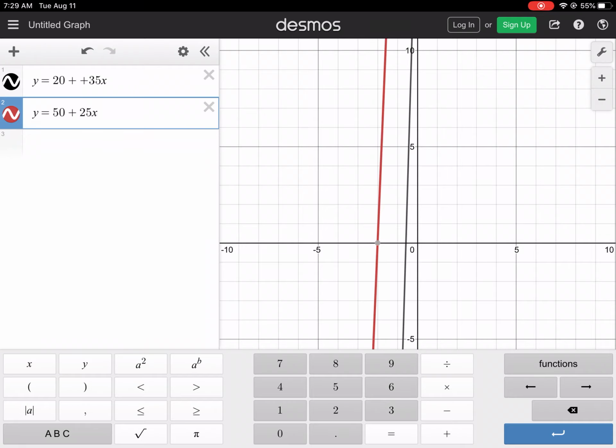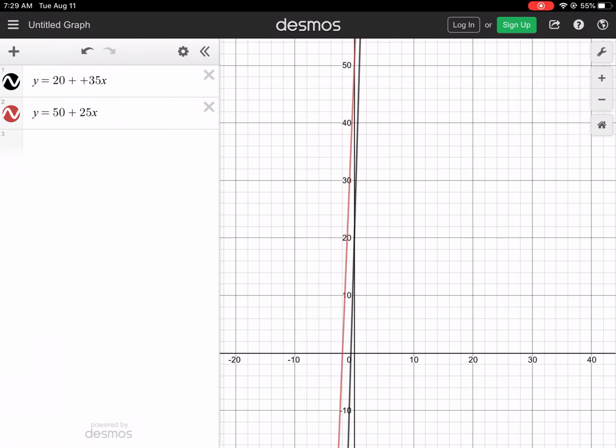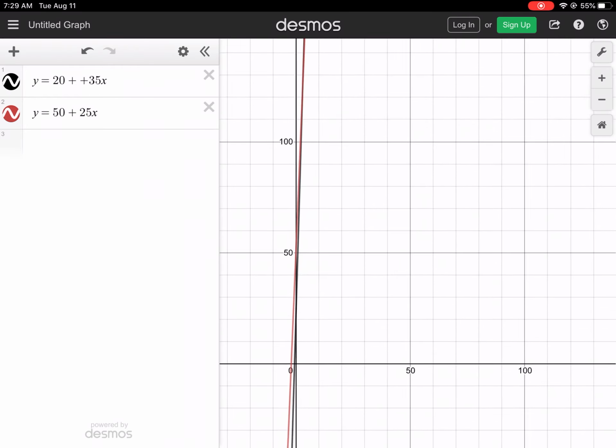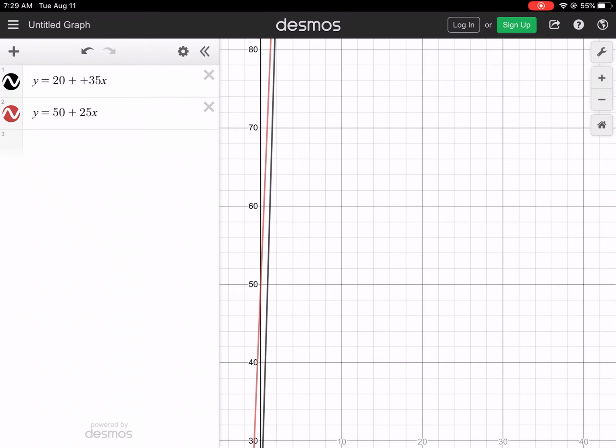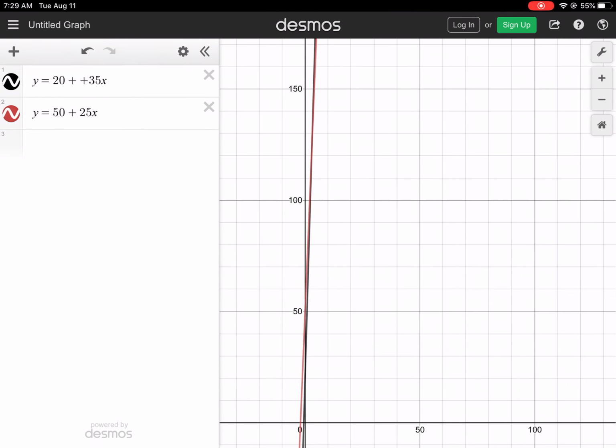Now, you see the problem already, hopefully, that these two lines, you can't even see the y-intercept. So we're going to scrunch our graph in so I can see my y-intercept. And then I think I'll spread it apart here. And the nice thing, if you click on your graph, it will tell you where they cross.